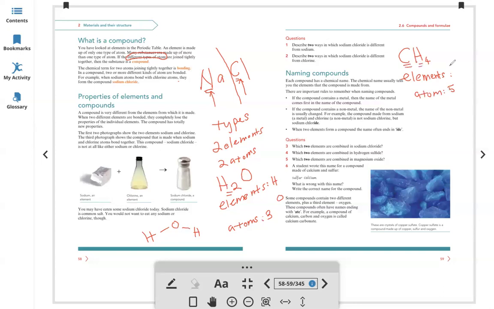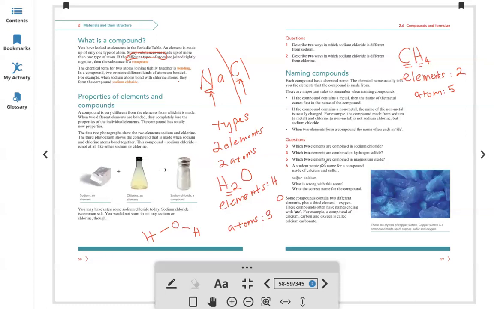C and H, so two. Understand? So far, okay.